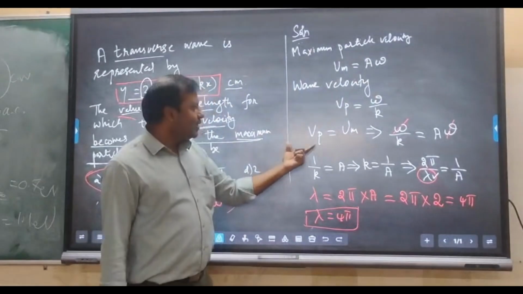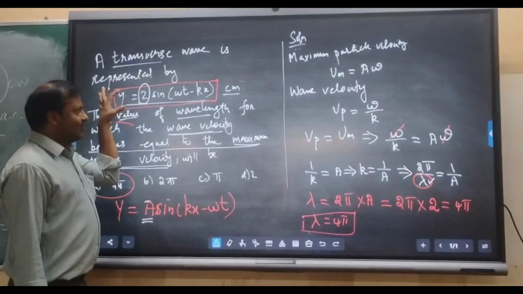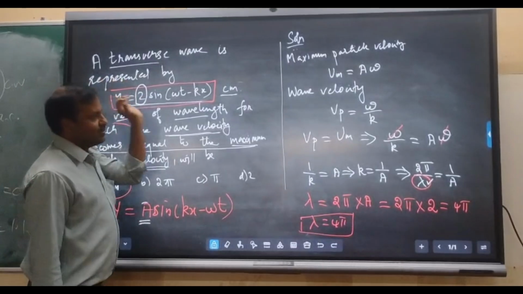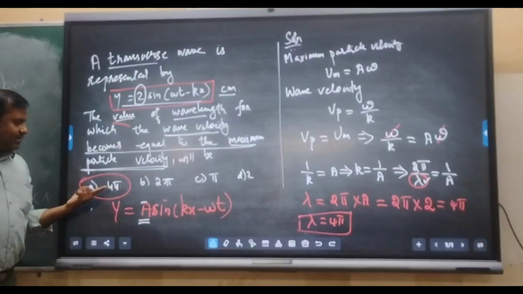In that condition we find the lambda for this expression. That is what we have done here. Therefore, the right answer is 4 pi.